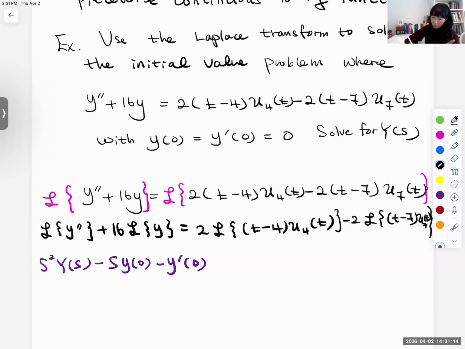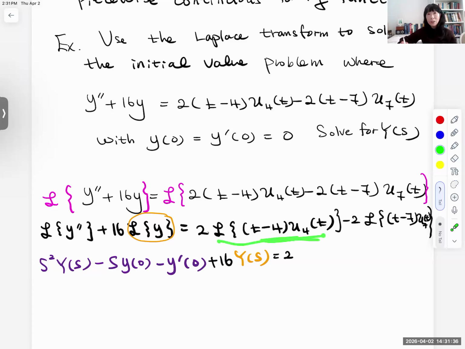And then I will continue, plus 16 Y of s, equal to 2.